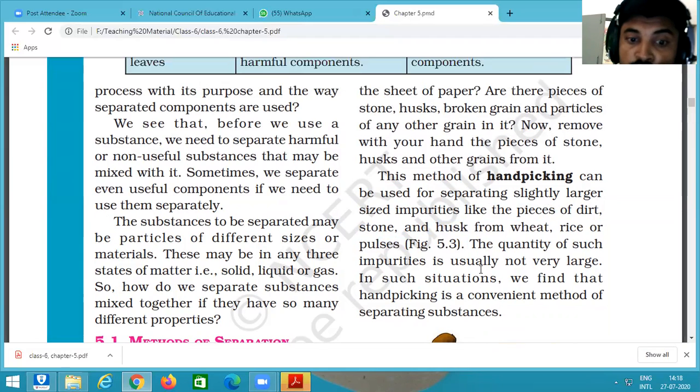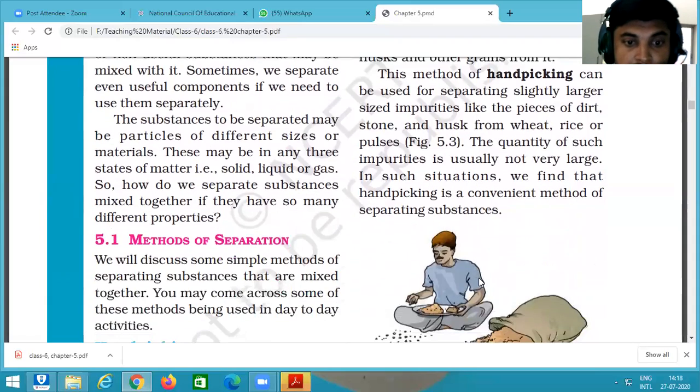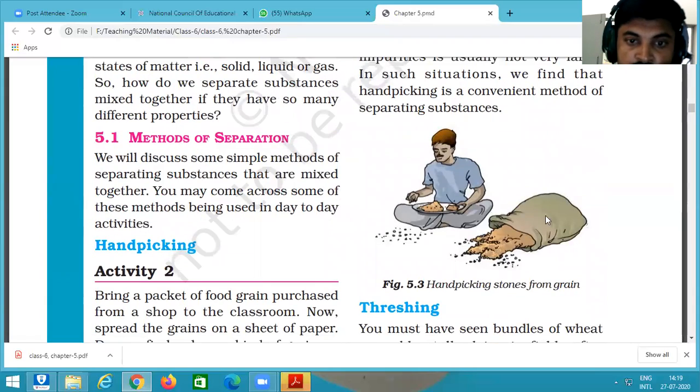But if we talk about small pieces, we cannot. Here is a picture to show the hand picking method. A person takes grains in a plate, and by hand picking separates the impurities from the grains.